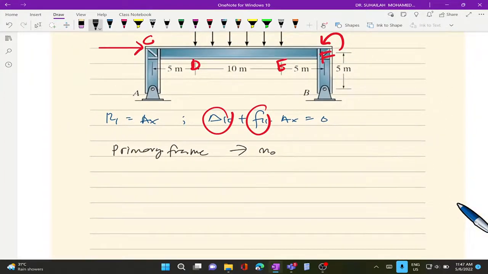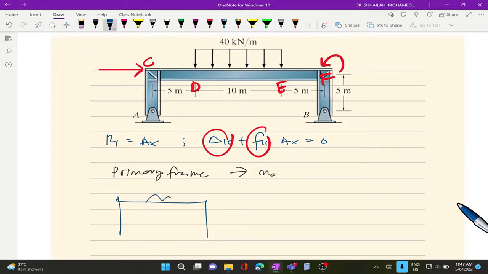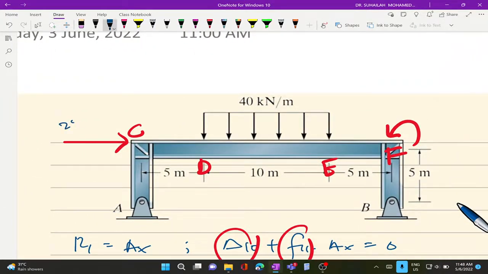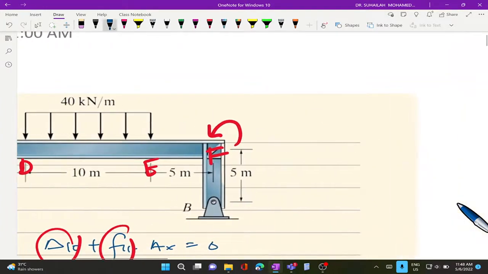So let's say we analyze this. Okay, so at C, we have 250 kilonewton only, horizontal force. So this one is 450 kilonewton meter.